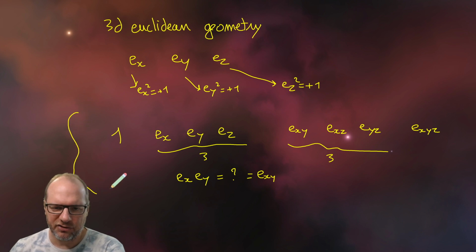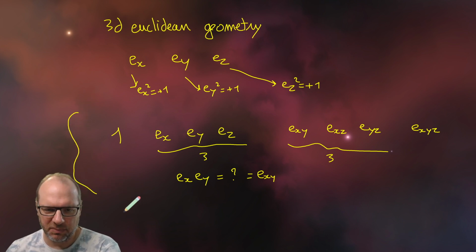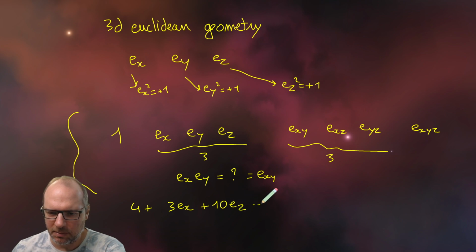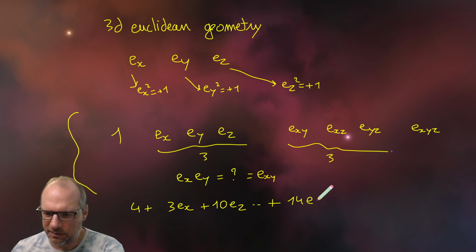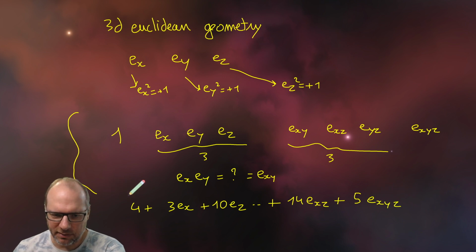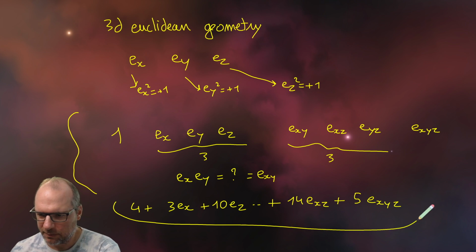So this algebra is a big number. For example, we can have 4 plus 3 e sub x plus 10 e sub z and so on, plus 14 e sub xz plus 5 e sub xyz. This is a single number.